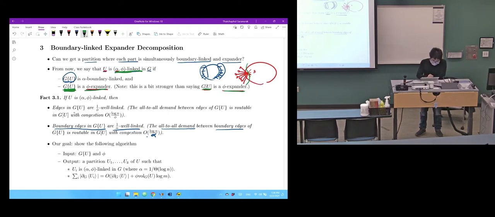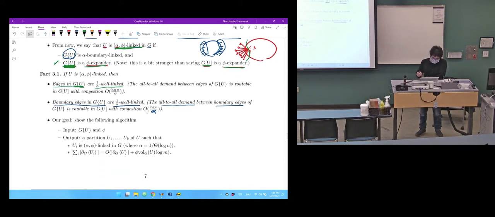In particular, when this happens, it means that edges inside this graph together with the battery are 1 over phi well linked. So that's what we mean.